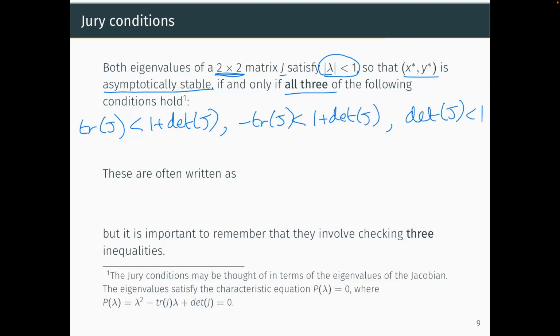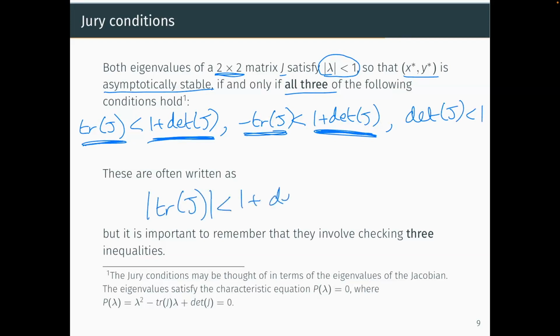These seem kind of arbitrary, coming out of nowhere, but I'll show you geometrically what's going on in a moment. We can actually write these all as one inequality. If we note that we've got something very similar here, 1 plus the determinant on the right-hand side, and we've got the trace and minus the trace on the left-hand side. So that's just the same as saying the absolute value of the trace is less than 1 plus the determinant.